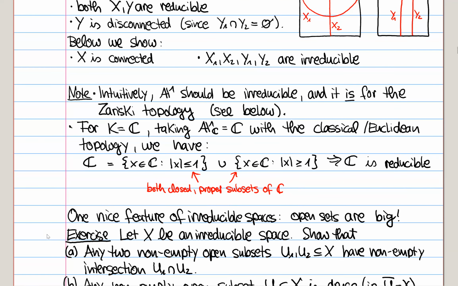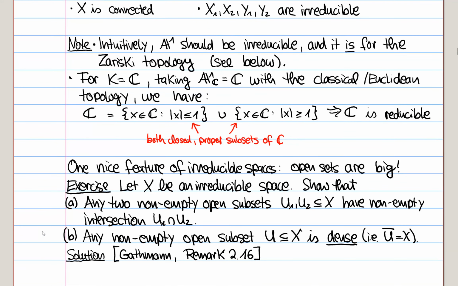One nice feature of irreducible spaces, and one reason why the notion of irreducible is so important, is that open sets in there are really big. This is in the following way.